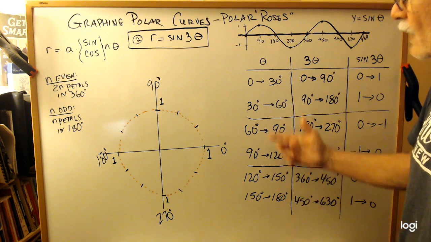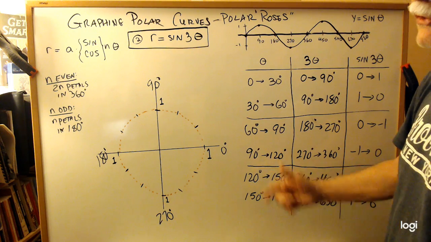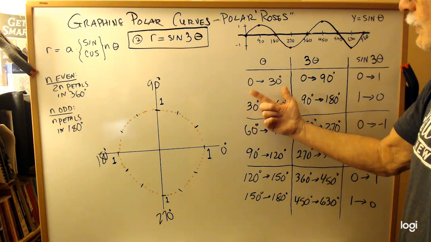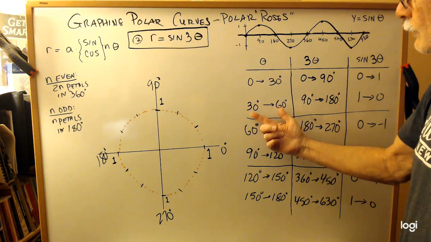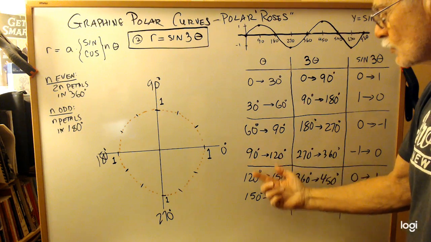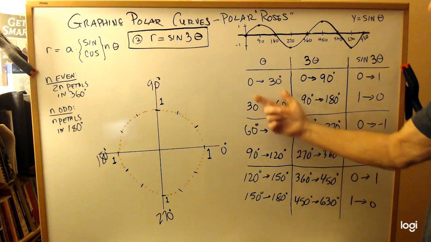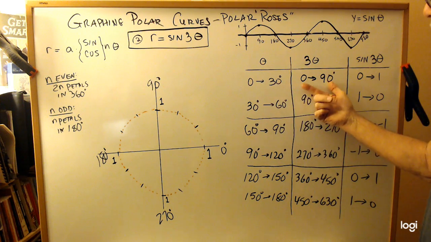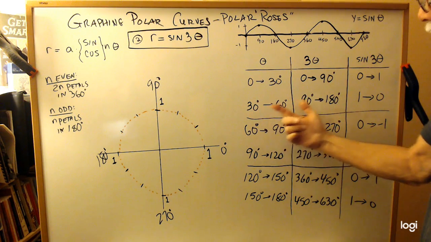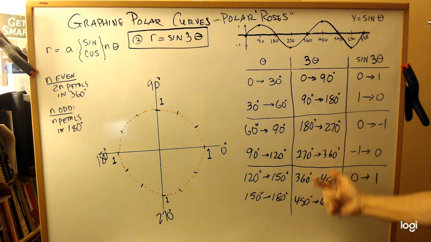Here, I'm going up by intervals of 30 degrees. So theta goes 0 to 30, 30 to 60, 60 to 90, and so on. And then 3 theta, if theta is from 0 to 30, is going from 0 to 90. If theta is 30 to 60, it's going from 90 to 180, and so on.